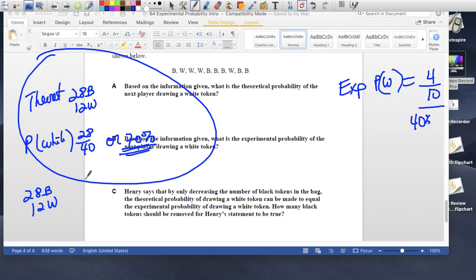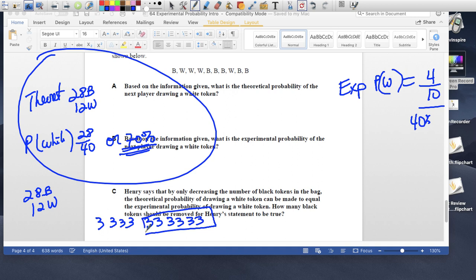So in order to make this 40%, we gotta change the number of black tokens. Hang on a second. 40%, which means 10. Why is this 40%? 40, 50, 60, 70, 80. 1, 2, 3, 4.